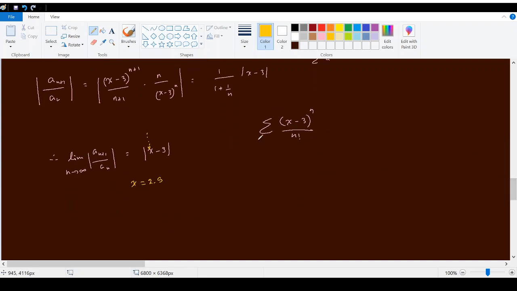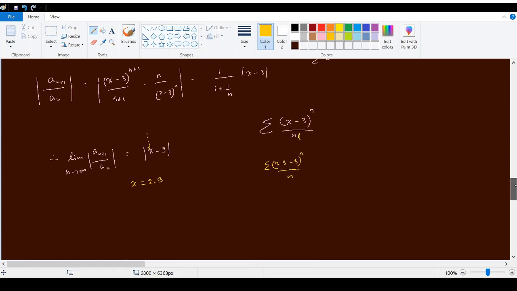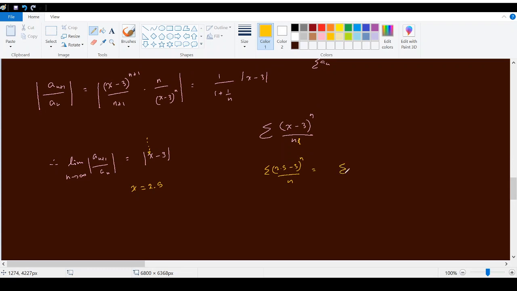let's start from the beginning. Then the series will be sigma 2.5 minus 3 to the power n divided by n. Now here it is not n factorial. The original series was given as n, right? So this will be equal to sigma n equals 1 to infinity. It starts from 1, and here it will be negative 0.5 to the power n divided by n, right?